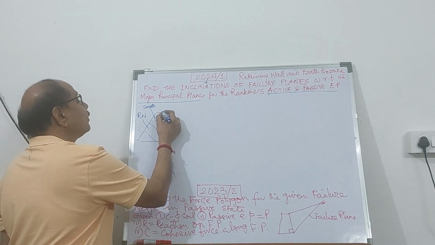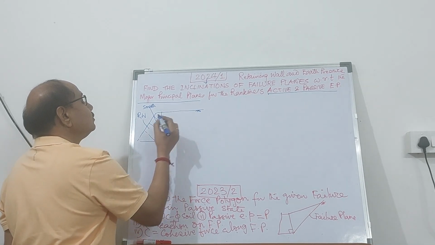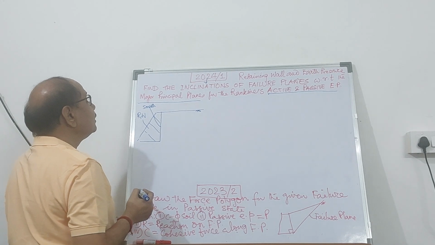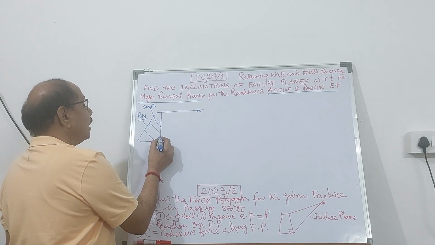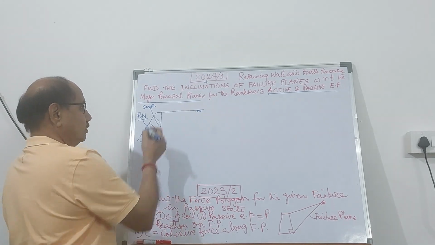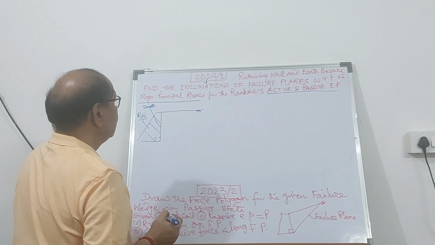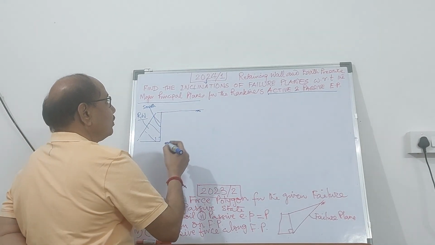That means there is no friction between the backfill and the back of the retaining wall, and this angle is going to be 90 degrees. This is vertical. So you have to find out the inclinations of the failure planes.